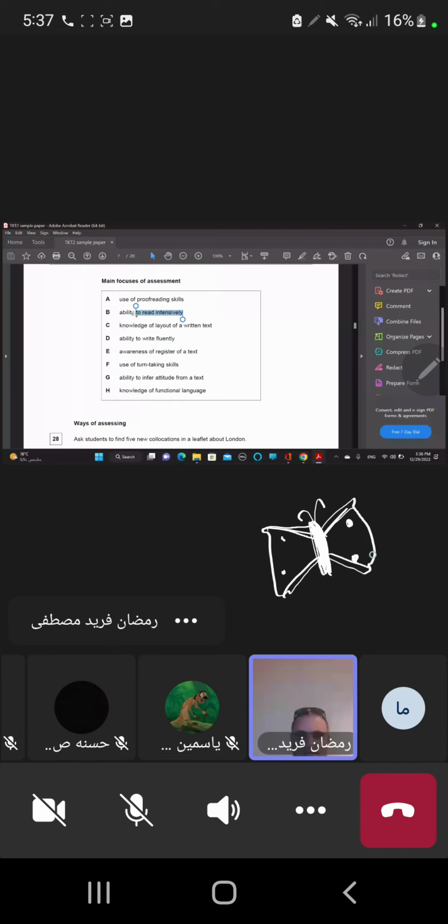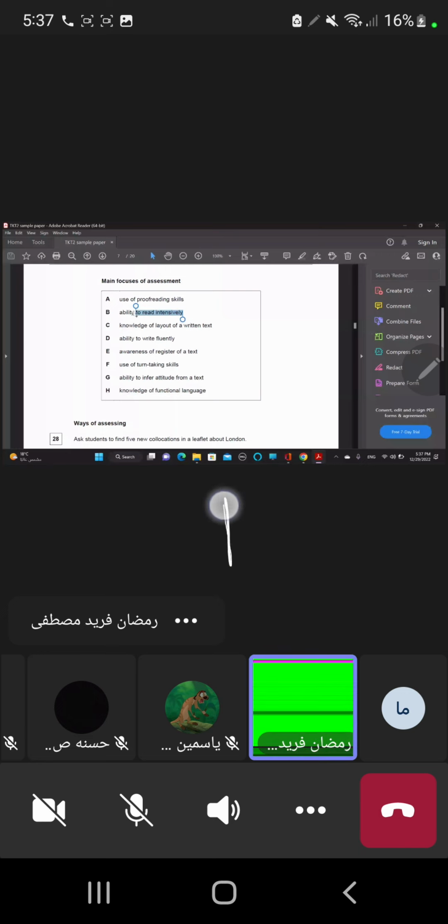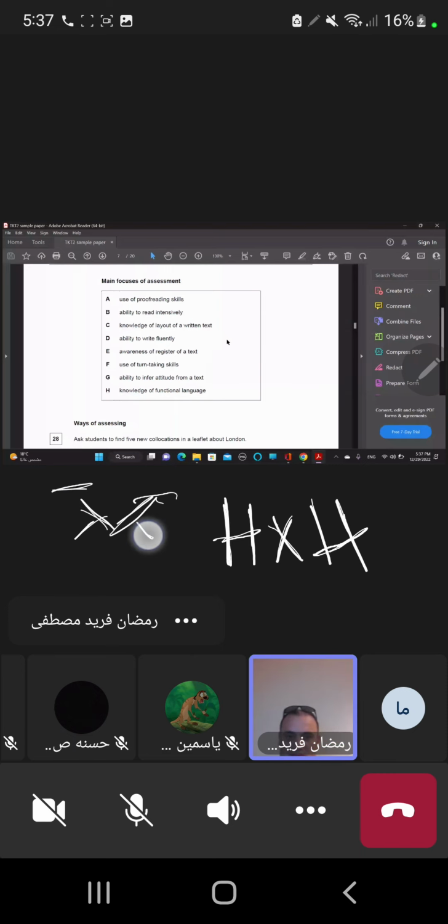Intensive reading is to give attention to every detail, but extensive is just a quick reading, like reading for entertainment, like reading novels and dramas. Exactly. If you're reading a text to find 5 new collocations, we have to read every word in this case, and that's why it would be ability to read intensively. Besides, there is nothing else suitable for it.